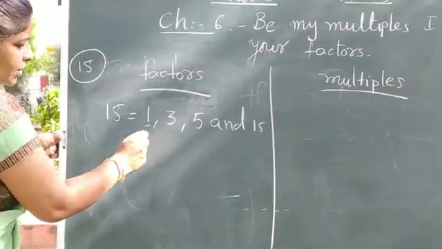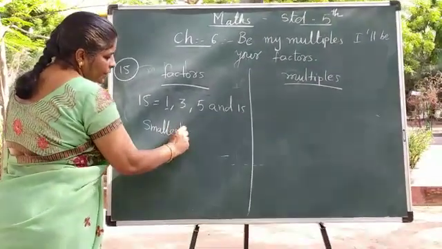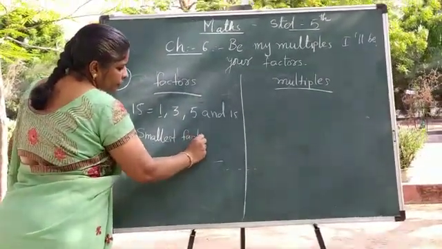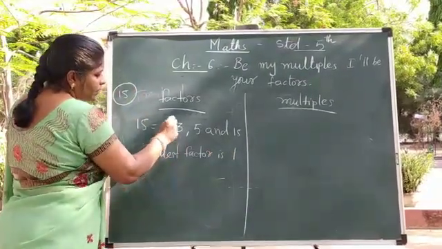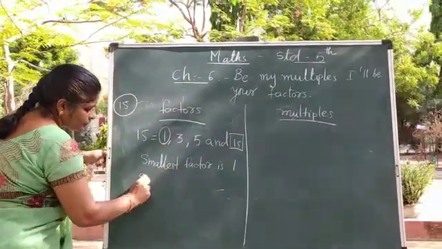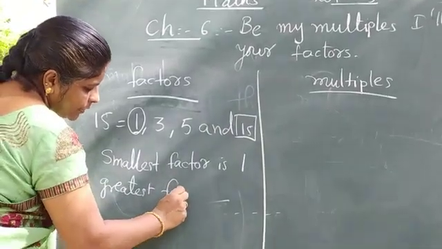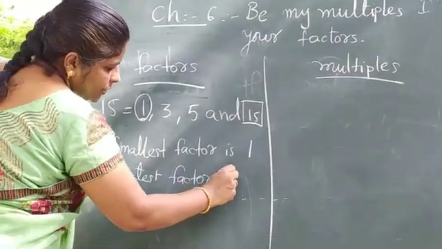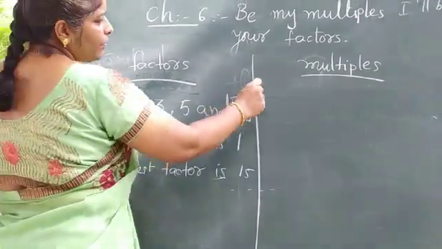Here you can see the smallest factor is 1. The greatest factor is 15.